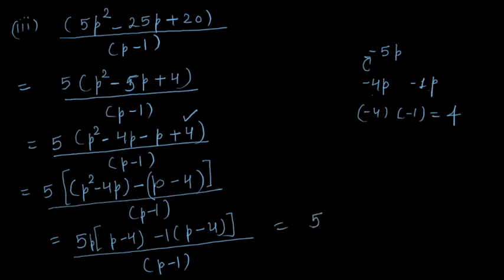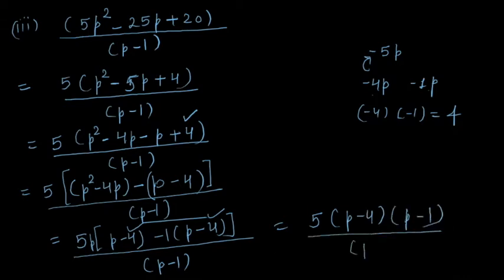Now this p minus 4 and p minus 4 is common. You are left with p minus 1 upon p minus 1 as it is. Again you can cancel, and your solution to the question is 5 into p minus 4. I hope this is clear. Now let's see the fourth part of the same question.